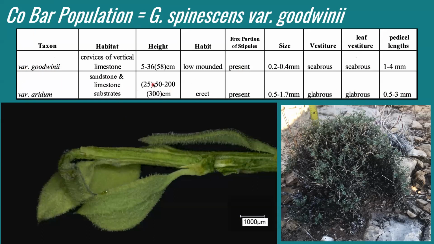So what we would have to do is say, okay, variety aridum, you can have it inhabit sandstone, limestone substrates. Now for variety aridum, instead of the smallest thing you can find being 25 centimeters, now it's 5. So it ranges from 5 to 300 centimeters. It can either be erect, really tall, or a low mounded shrub. That wouldn't change. The stipules can either be super small, or they can be large.